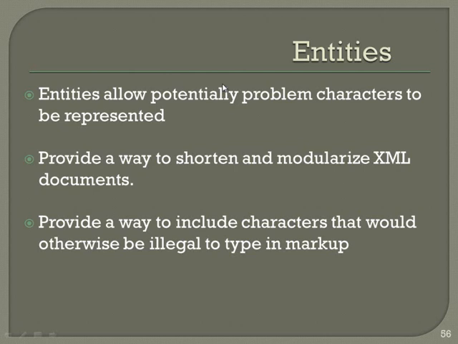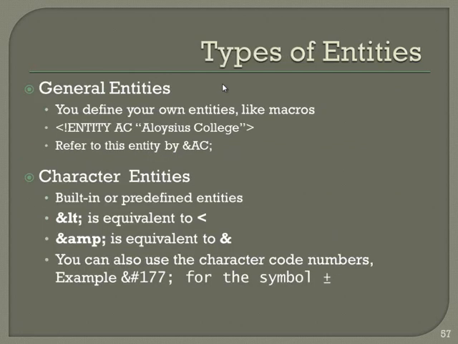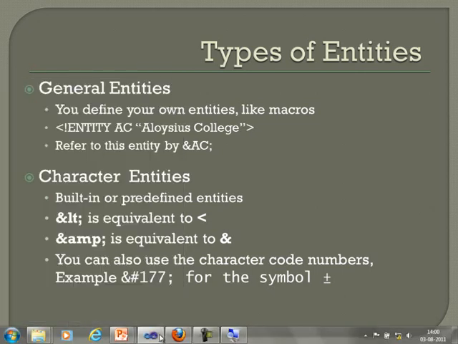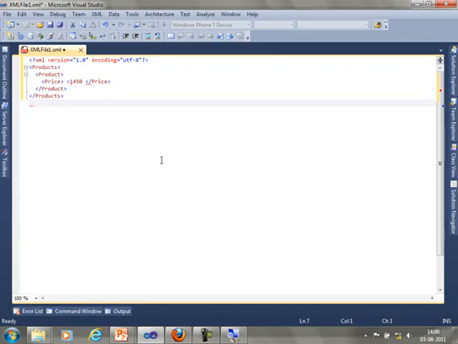So how do I use entities? There are two kinds: general entities and character entities. Character entities are built-in entities, directly defined by the W3C, whereas with general entities you can define your own entities and use them. I'll tell you the use of general entities, but before that let's go to character entities.